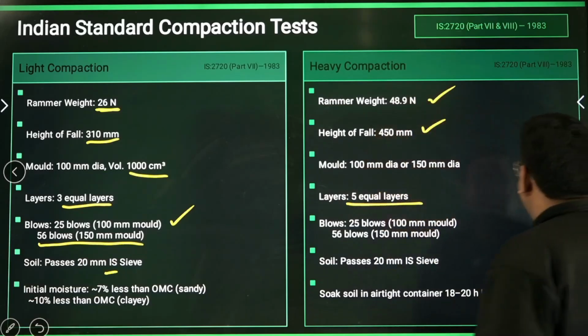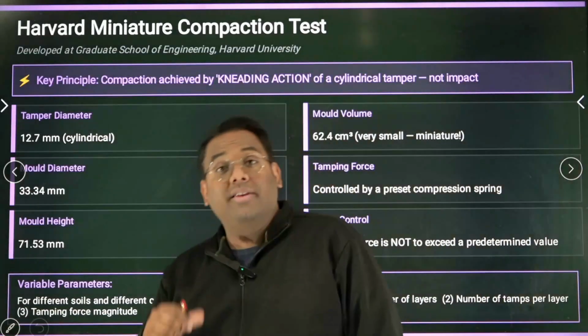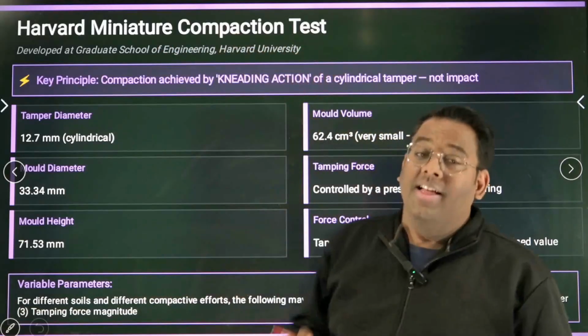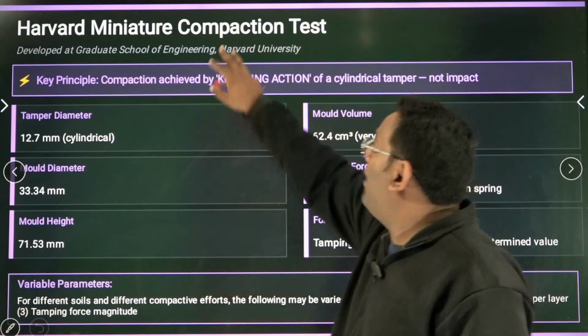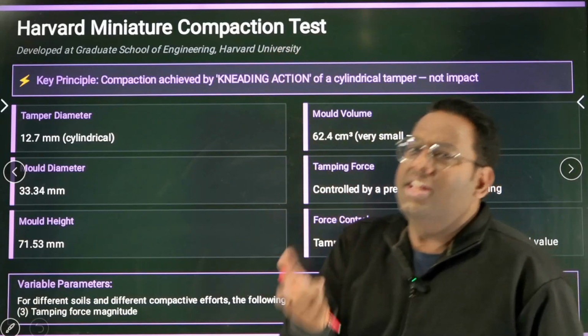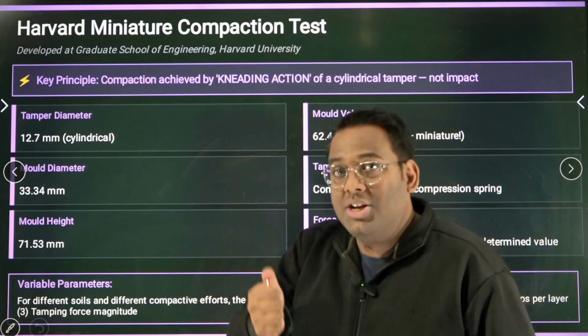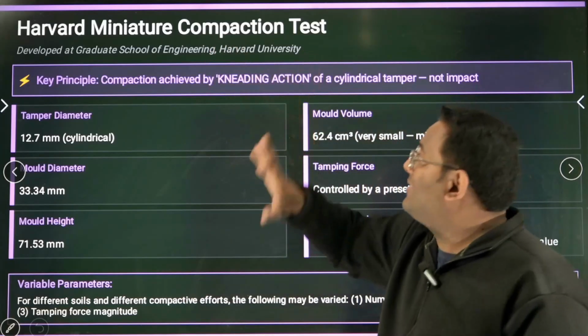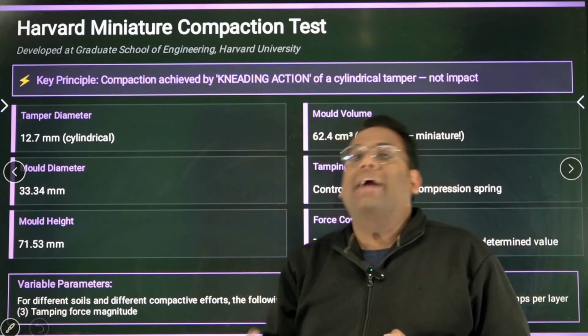in your code. Now let us move ahead to another test, and that is the Harvard miniature compaction test. It was developed by Harvard University. And here the principle is somewhat changed: the compaction is now done by kneading effect instead of impact effect.